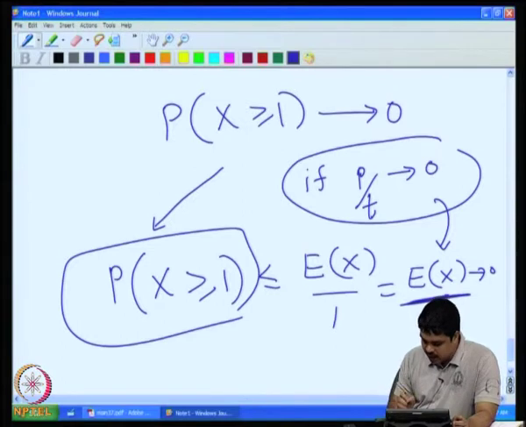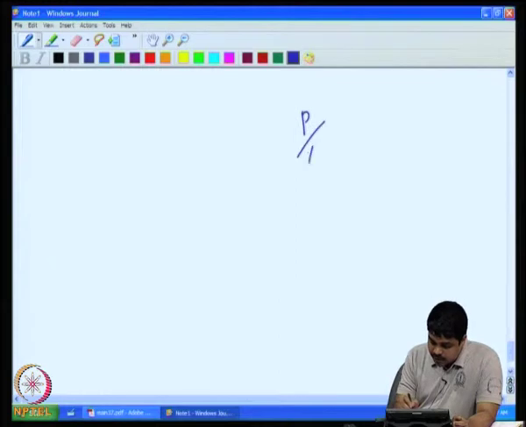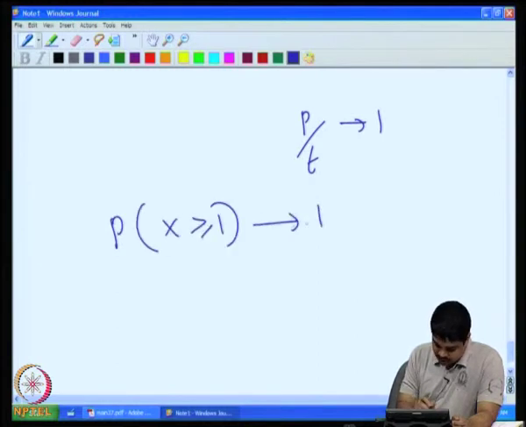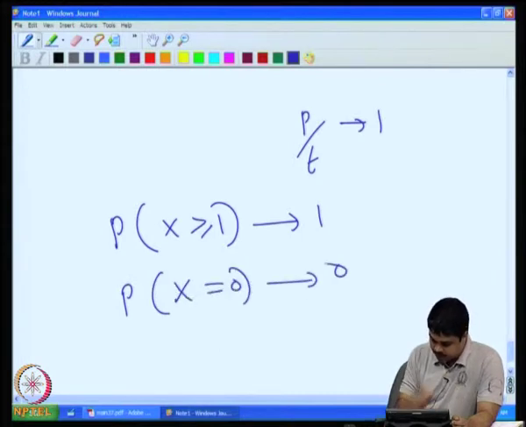On the other hand, if t is a threshold, we will have to prove that when p by t tends to infinity, the probability that X is greater than or equal to 1 tends to 1. That means the probability that X equals 0 tends to 0.